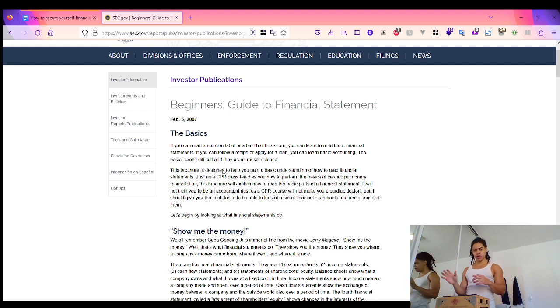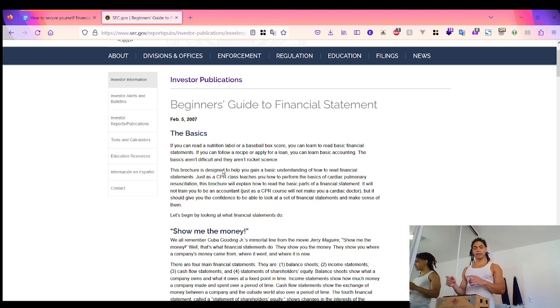That's when we look at the income statement, which shows how much revenue the company made and the associated costs and expenses with earning that revenue in a period of time, quarterly, annually, you name it.